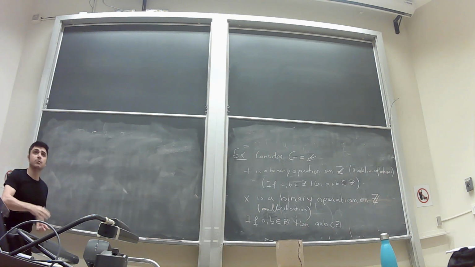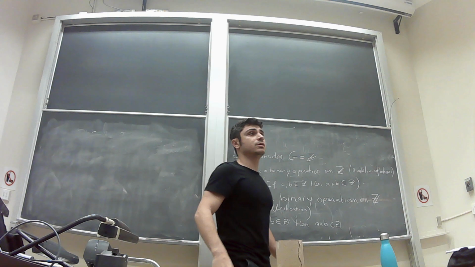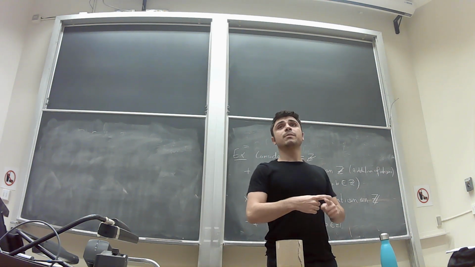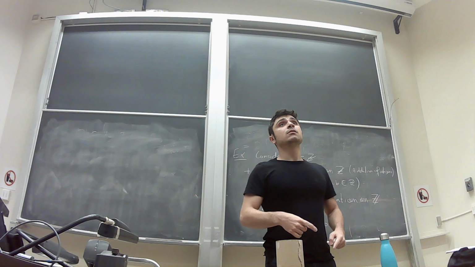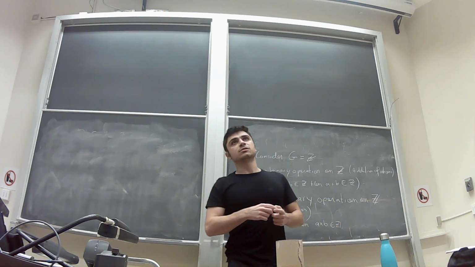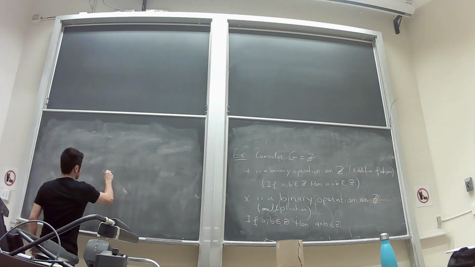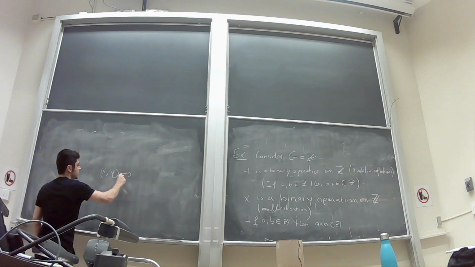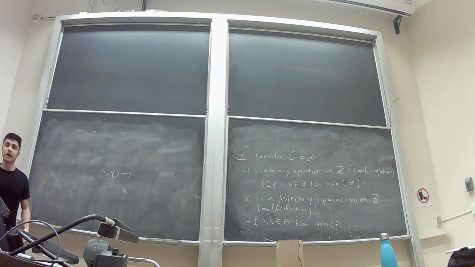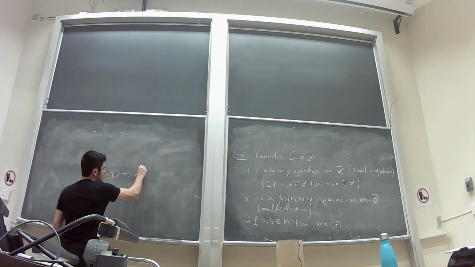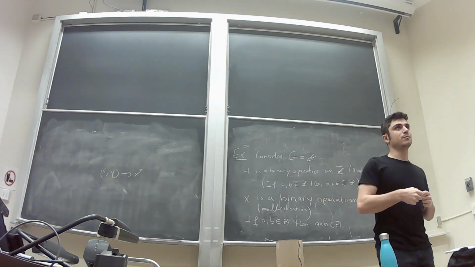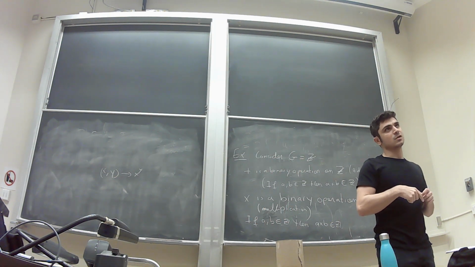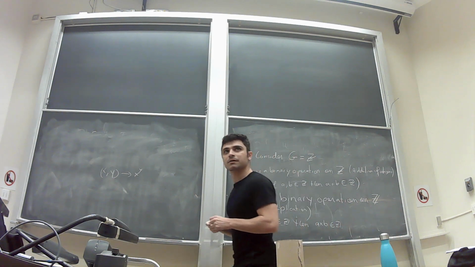For example, the real numbers. Can you define a binary operation on the real numbers? What's a binary operation on the real numbers? Exponentiation. So you take x and y, you send it to x to the y. Well, for real numbers, you have to worry a bit about negative exponents and irrational exponents.